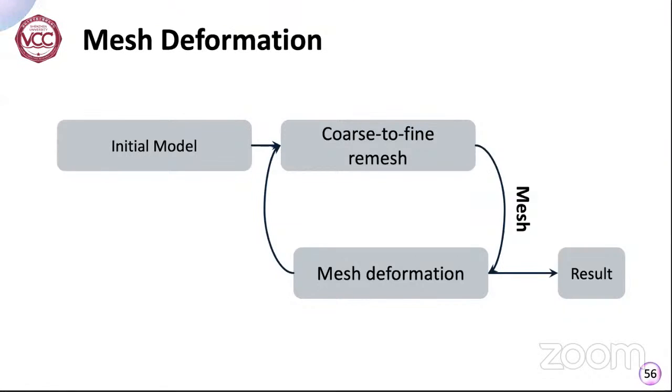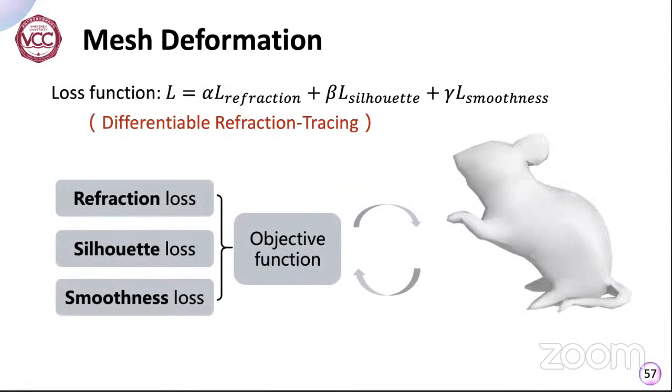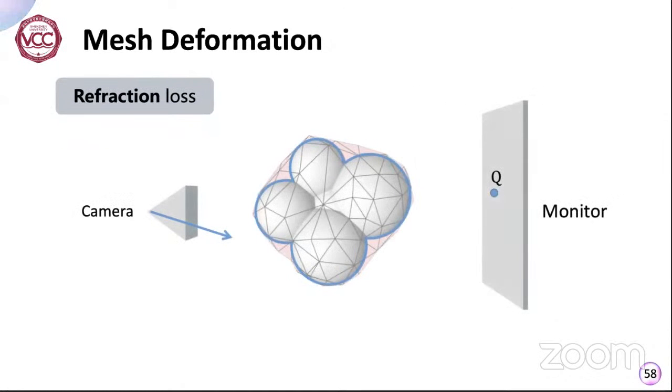So now let's figure out how we optimize this surface, the mesh deformation, in detail. This mesh deformation is guided by a single objective function, making use of a differentiable refraction tracing, which consists of three losses: refraction, silhouette, and smoothness, all differentiable operations. The refraction loss plays a similar role to the normal consistency I just introduced.